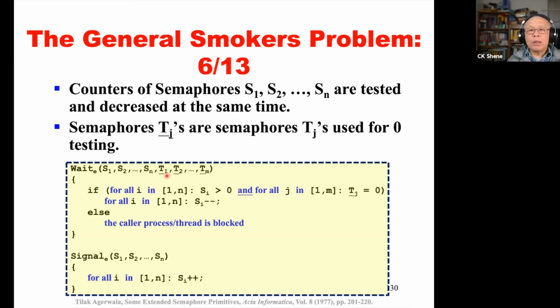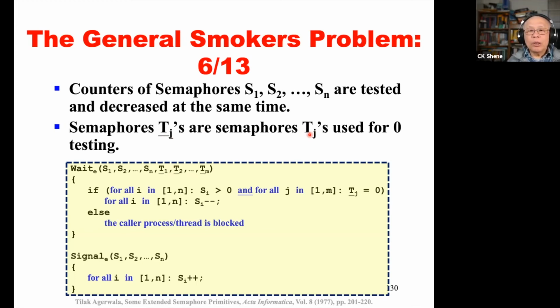Now, one more thing, it's just a notational note. Each of the semaphores in the T set, Tj, is a typical semaphore. We just use an underbar to indicate that the semaphore at Tj is a semaphore for testing for 0. This semaphore is not for testing its counter for greater than 0.